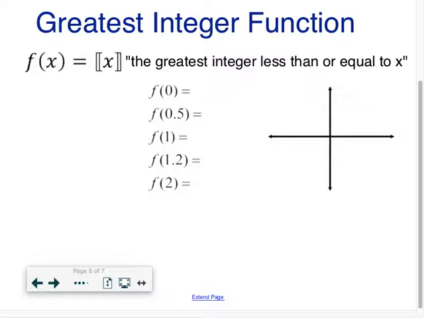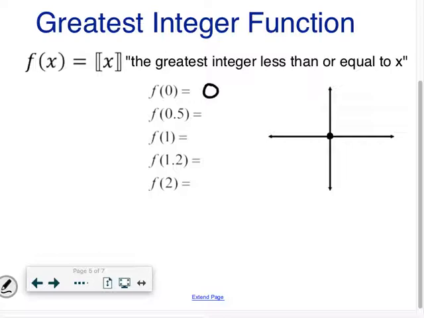So if it's f of 0, and f of x is the greatest integer of x, that means what's the greatest integer that's less than or equal to 0? The answer is 0. It's equal to, right? Okay, so that would be a point on our graph, 0, 0. All right, what is the greatest integer that is less than or equal to 0.5?